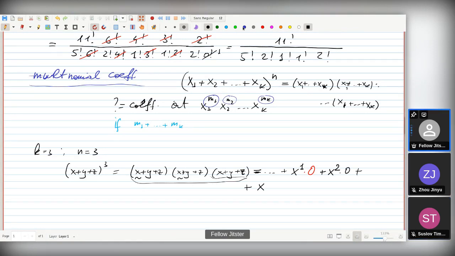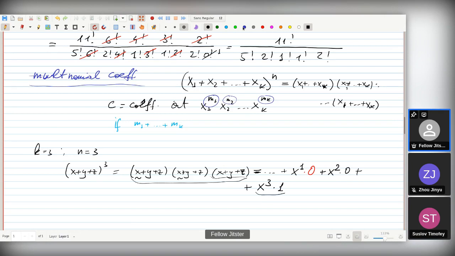But nevertheless, it is possible to obtain x cubed by taking x from each bracket. From each bracket, we should take 1 copy of x. So how many ways are here to do so? Only one. So the coefficient will be 1.